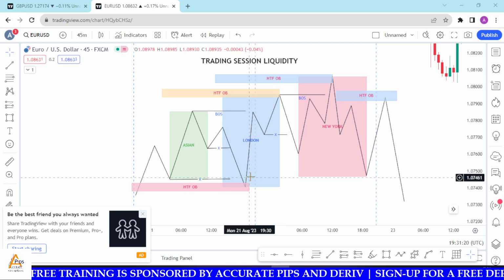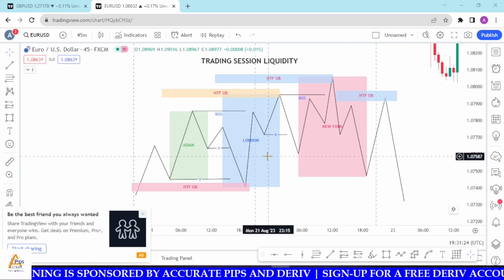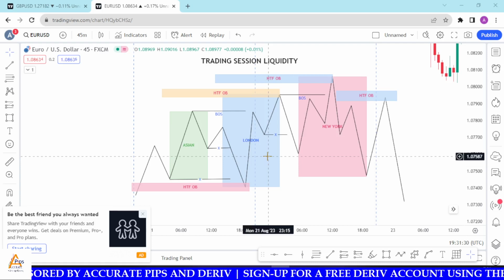Now, it's not compulsory to understand this particular topic, trading session liquidity, because we have dealt with different types of liquidity, but understanding this increases your probability in the market.